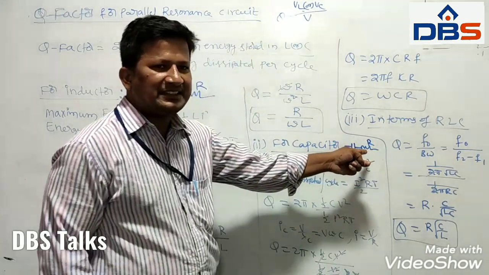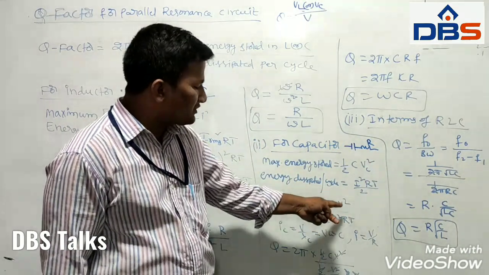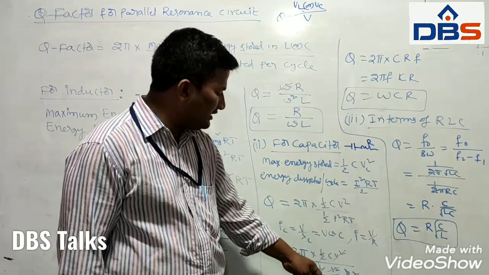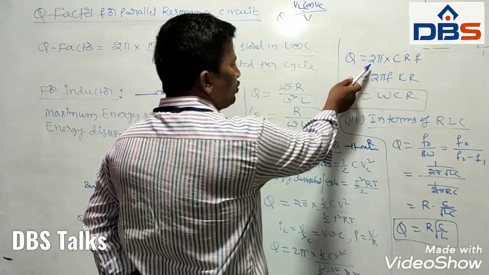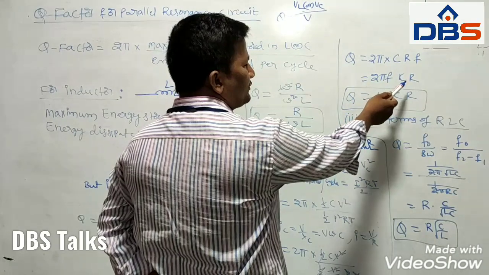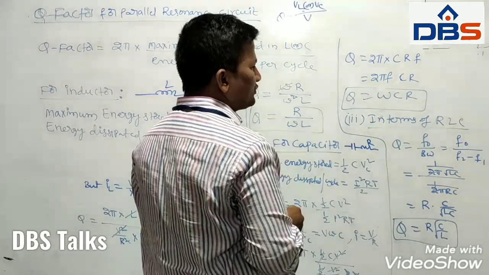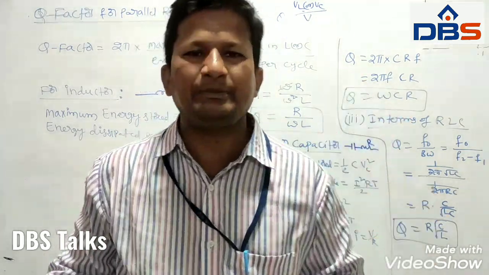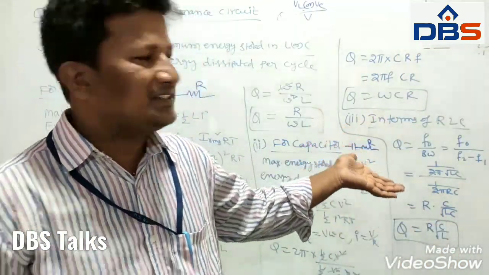Here I is equal to V by R. Substituting, we get 2 pi into half C V square over half V by R whole square R T. When each term cancels, what remains is 2 pi C R F, since 1 by T is nothing but F. So 2 pi F C R, and 2 pi F is nothing but omega, so omega C R is the quality factor for the capacitor in parallel resonance, whereas in series it is 1 by omega C R.